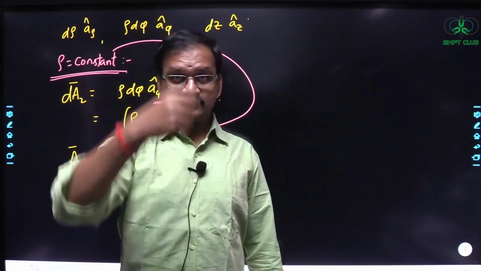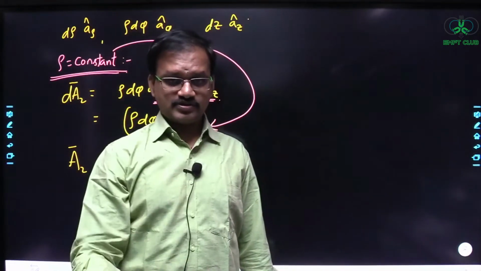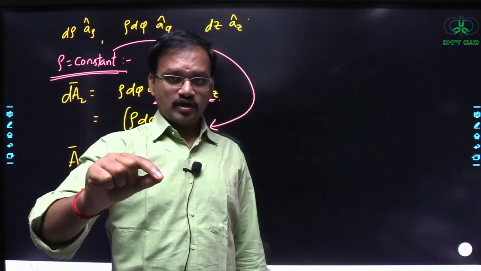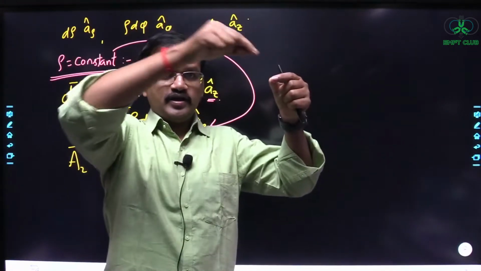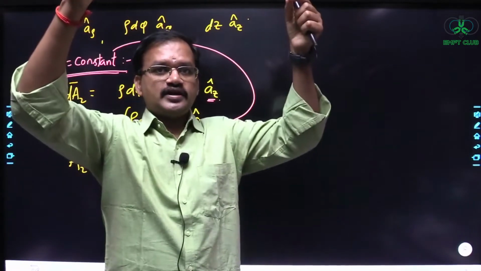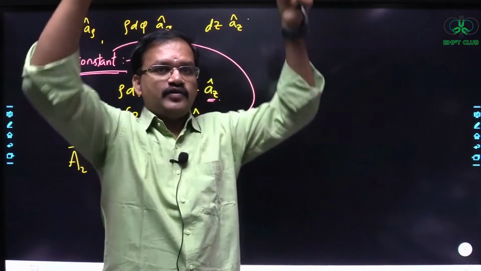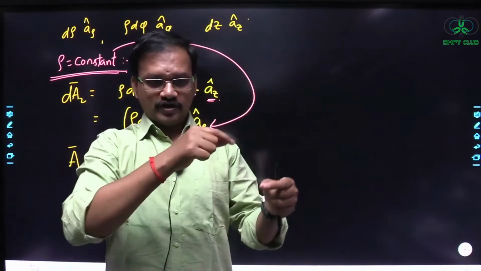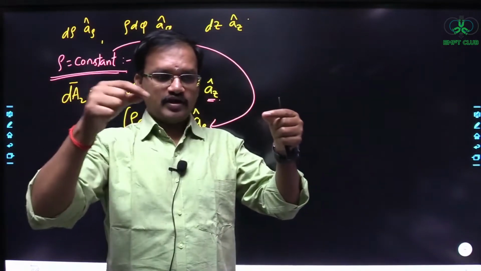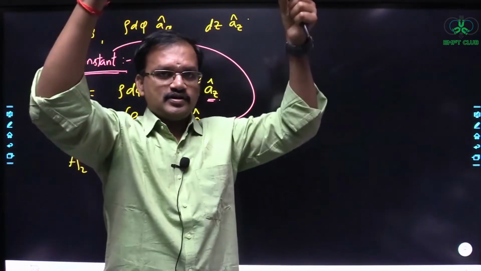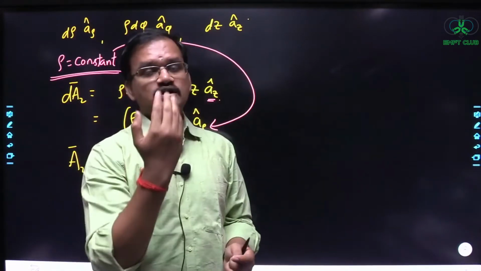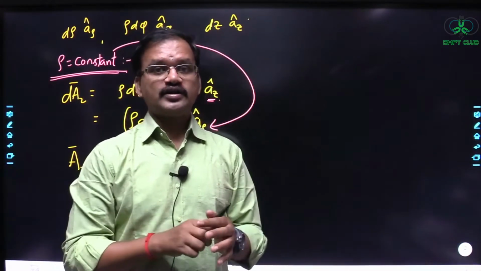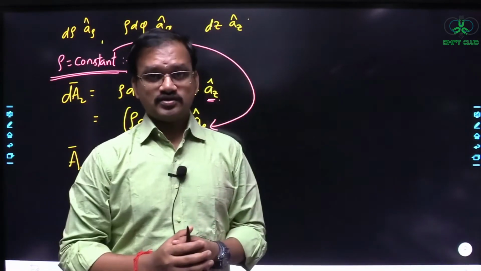Now you have to vary phi and vary z. So what are you going to get? You are going to get the curved surface of the cylinder, isn't it? You are going to get the curved surface of the cylinder.